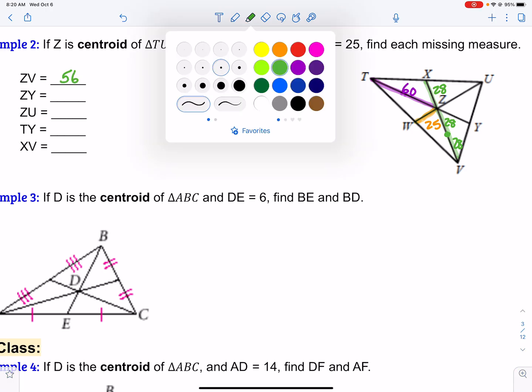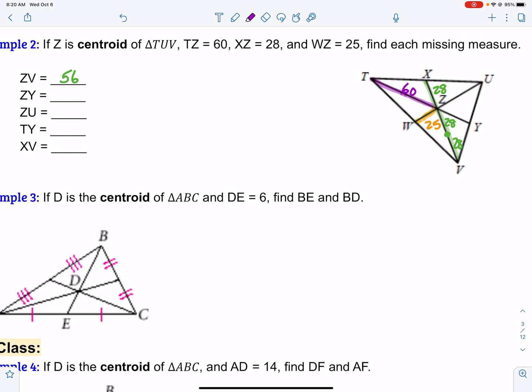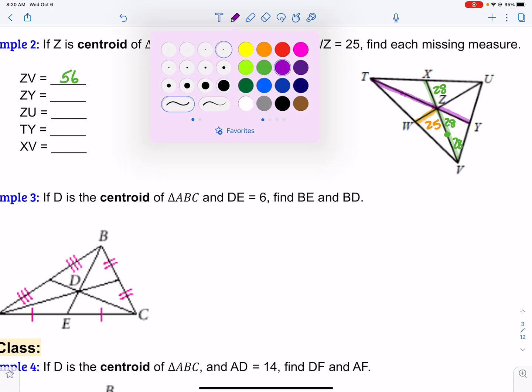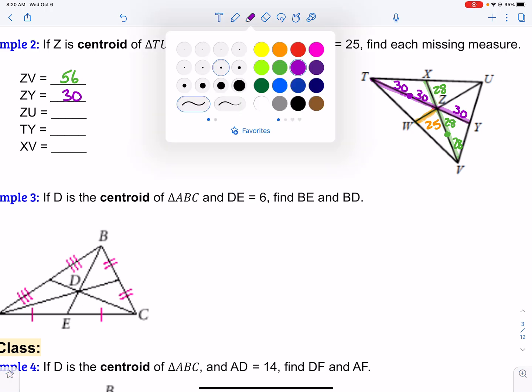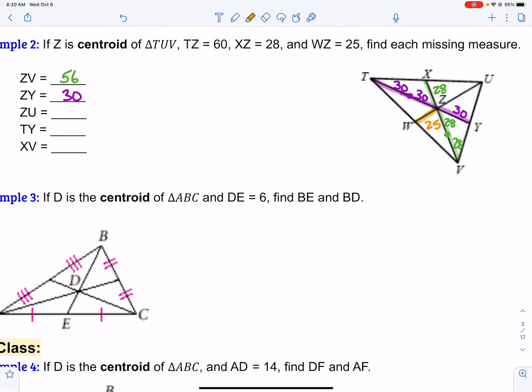Then let's look at ZY. So ZY is actually the short segment over here. So if we have 60 that we were given, what we can do is break that up into 3 equal parts. So we have 30 and 30, and then the little one is 30. And that helps you answer anything they ask pretty quick. So the next one says ZU, and they gave us WZ, which is the smaller segment.